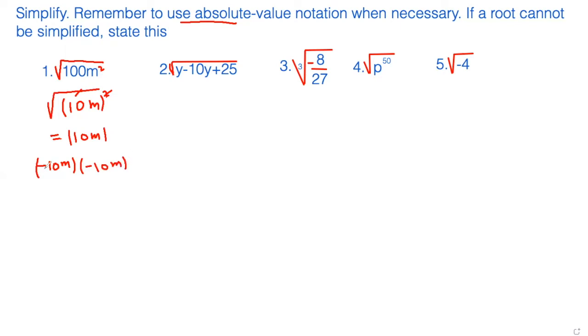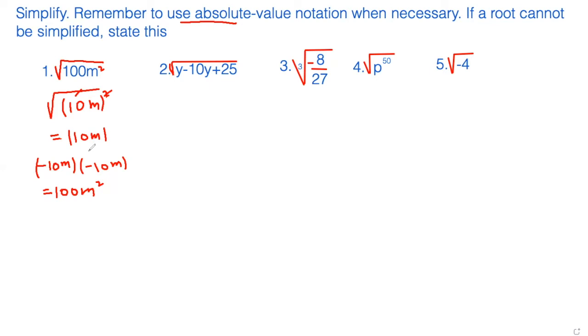That is still negative times negative, positive 100m². And again, if you have only positive 10m, then positive times positive is positive 100m². So this works for absolute value. Within the absolute value, you might have negative or positive, but when you remove the absolute value bar, it will always be positive.